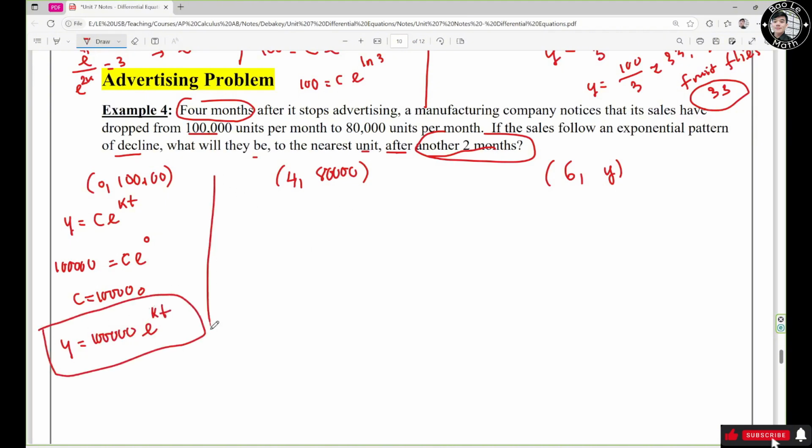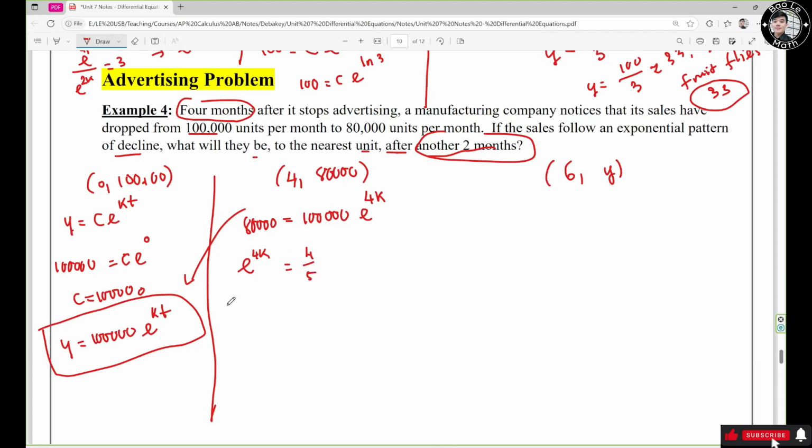Now you're going to use the second ordered pair right here to solve for k, right? So substitute over here. You have 80,000 equals 100,000 times e raised to the 4 times k, right? Where t equals 4. Now you have e raised to the 4k equals 80,000 divided by 100,000, which is 4 over 5, right?